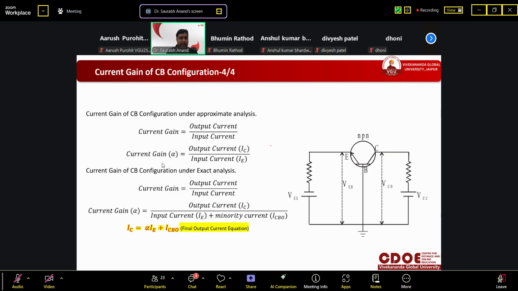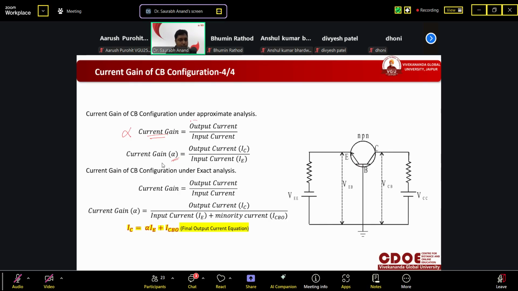This is the gain, that is current gain. So by which symbol do we denote this current gain? This current gain is denoted, for common base, by alpha.